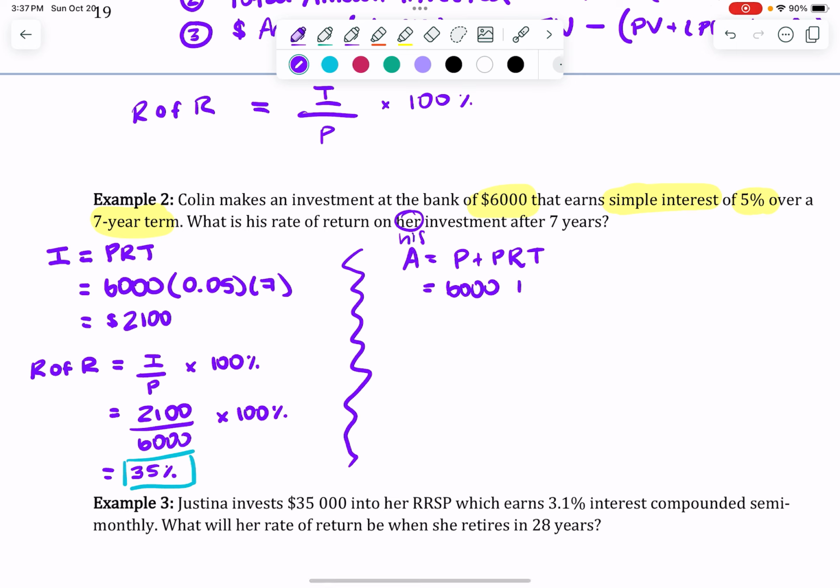You could plug this in with me if you want, or you could just watch along, because we're going to get the same answer either way. But when I do this, my future value, my accumulated amount, ends up being $8,100.